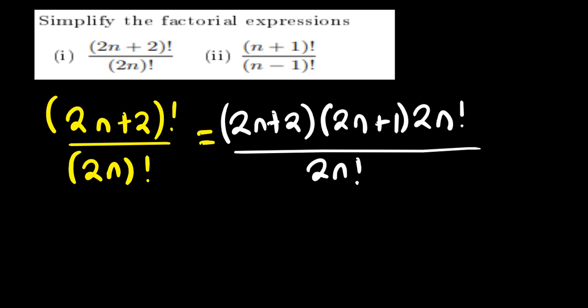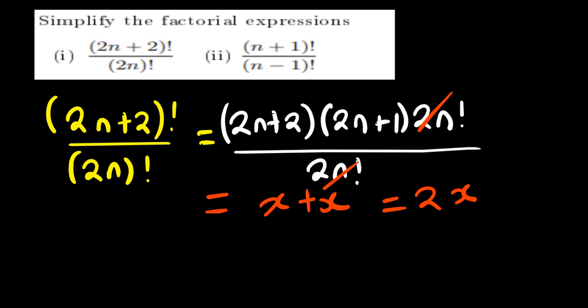So now what do we have? I can divide the 2n minus 1 factorial. This one and this one, they're going to divide. Then what do I have? I've got that expression on top. It's like when you have x plus x, it will just give you 2x, right?